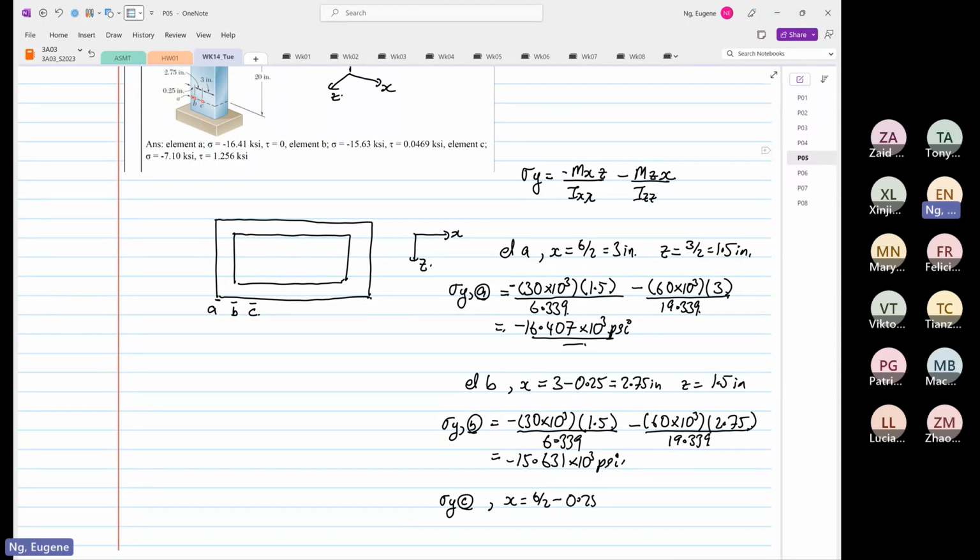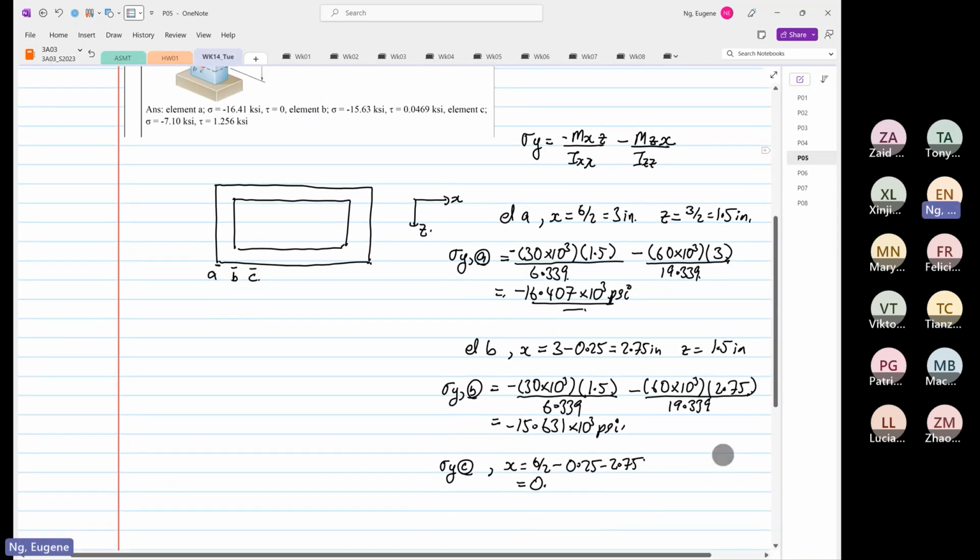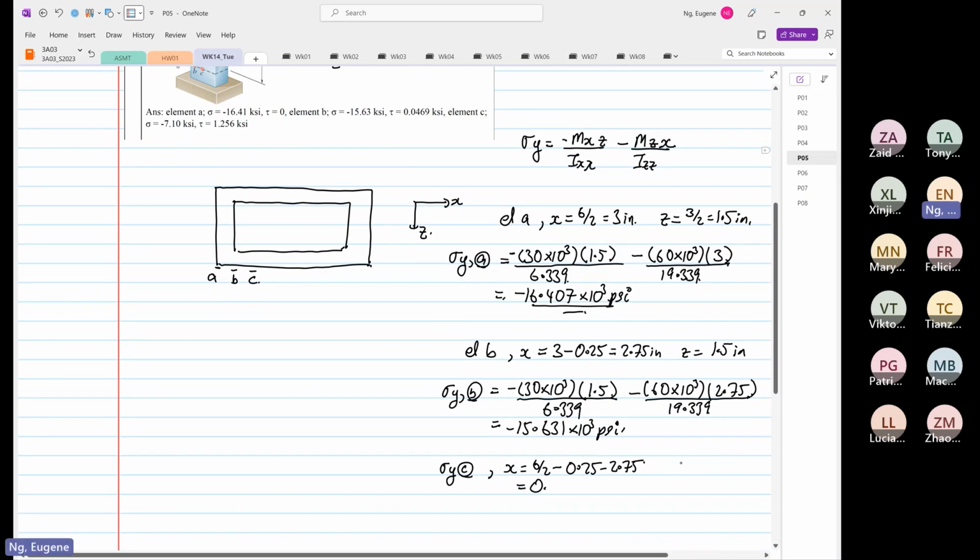Oh, this one will be equal to 0. So the x distance equal to 0 means it's on the neutral axis. And then z, no change, is 1.5 inches.